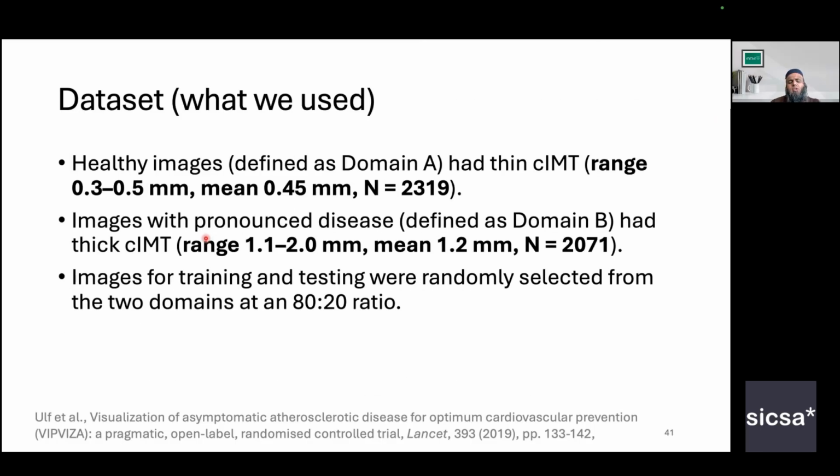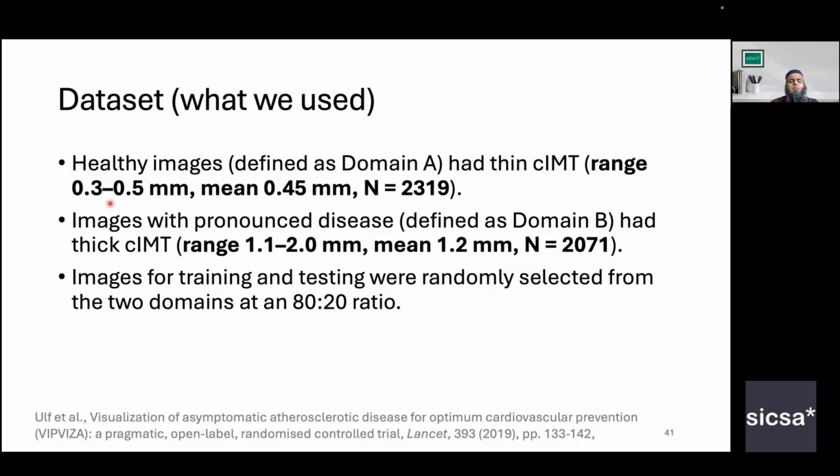What we did was we picked some of the data from this huge data set. We picked a few selected images, around 2,300, that we believed were healthy individuals with almost no atherosclerosis, and the criterion is basically the thickness of the intima media, the accumulation of the plaque that is visible in the ultrasound images.